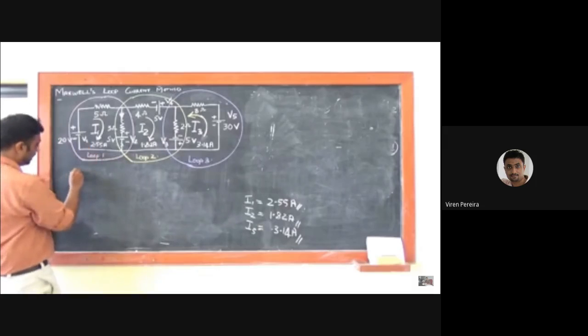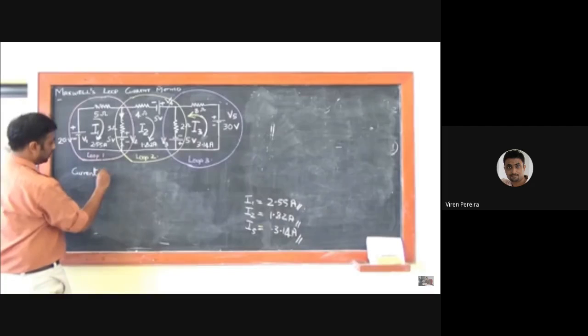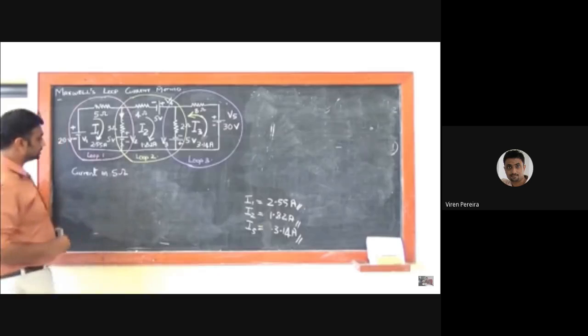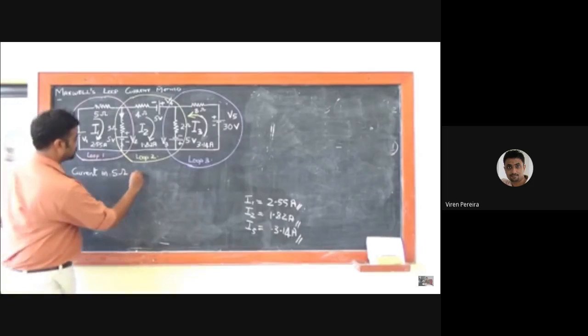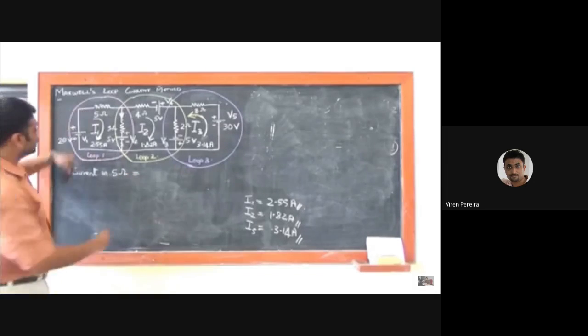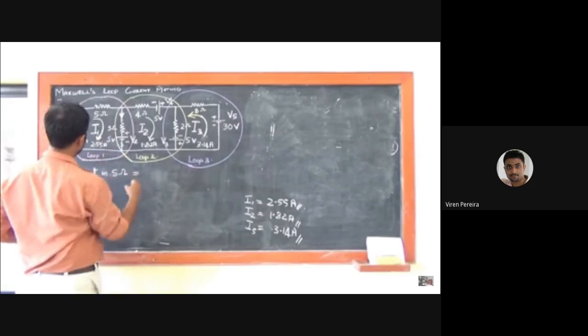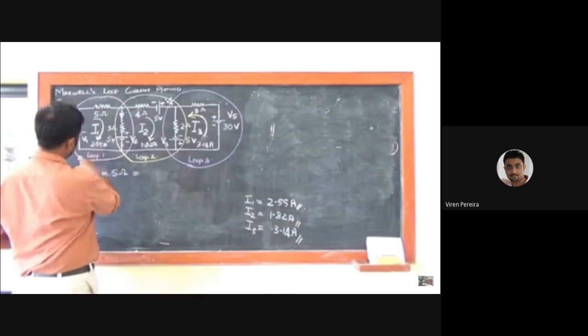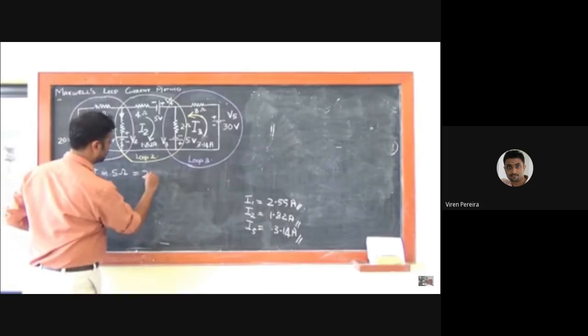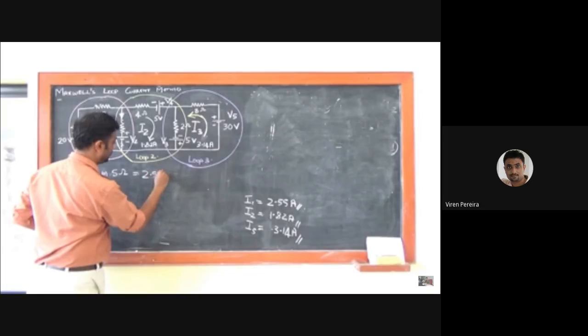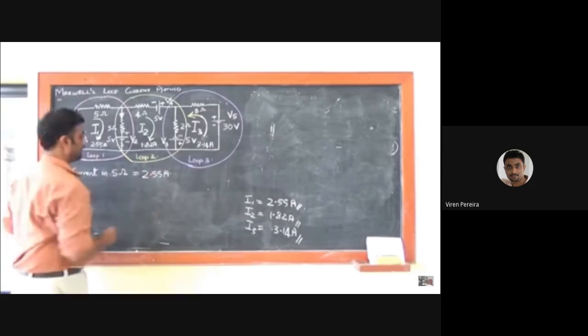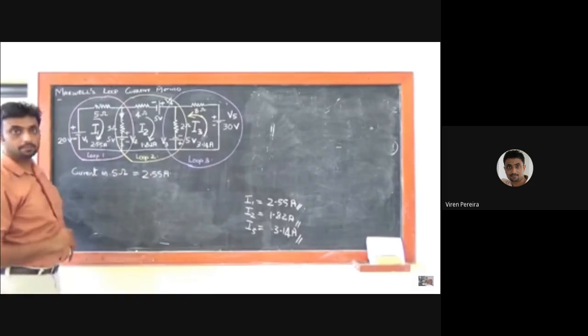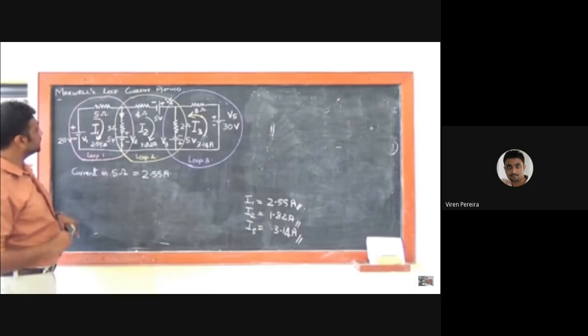So current in the 5 ohms resistor is equal to how much? I1. My I1 is 2.55. So it will be equal to 2.55 amps.